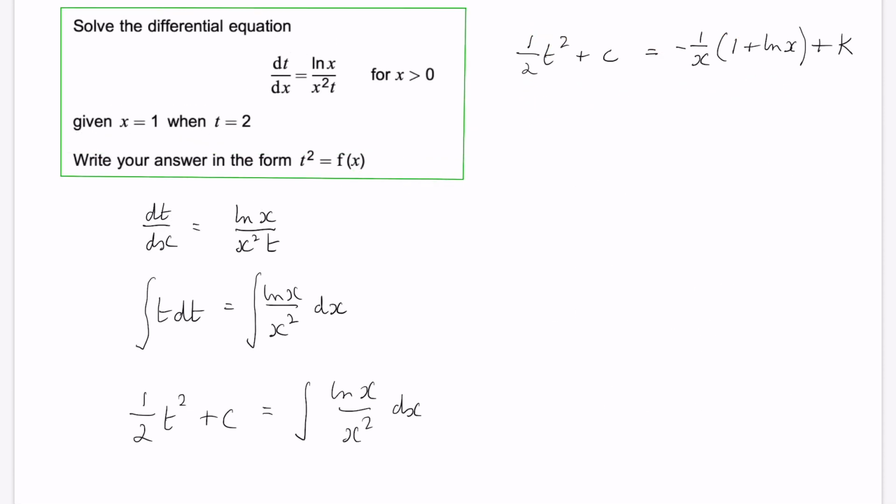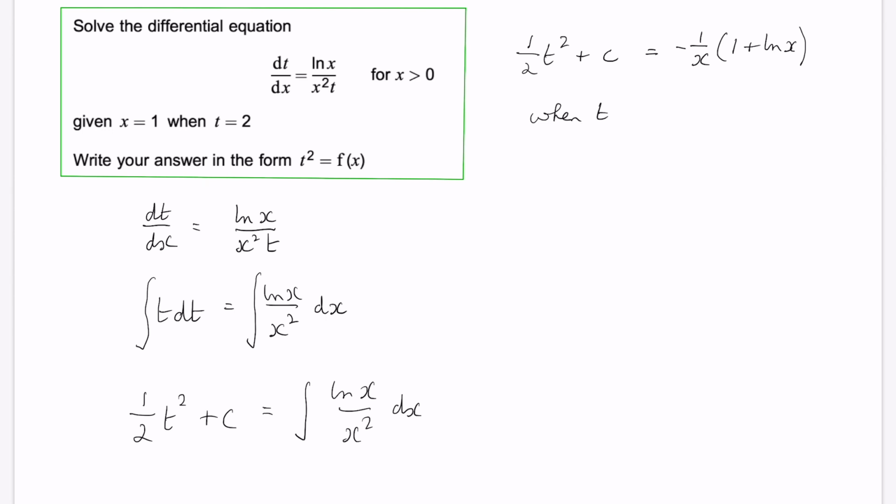Going back to the original separable variables equation, we have now solved that integral by parts, and there it is up there. Now, we don't really need two constants of integration, c and k, so we can get rid of one of them. And now we can put in the given boundary conditions.